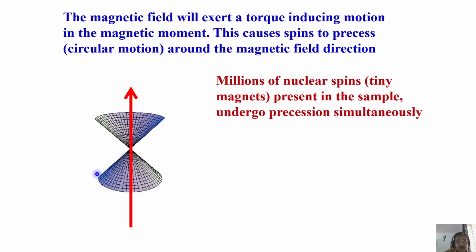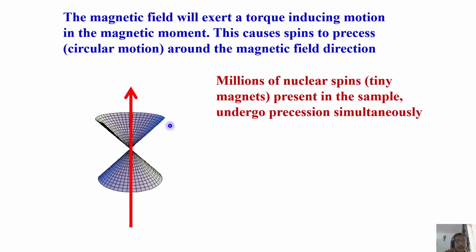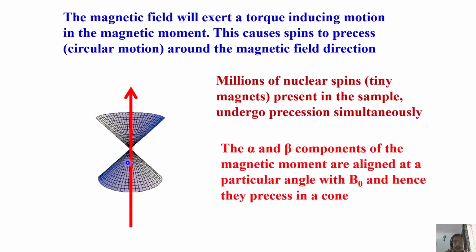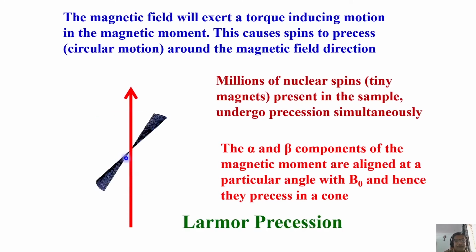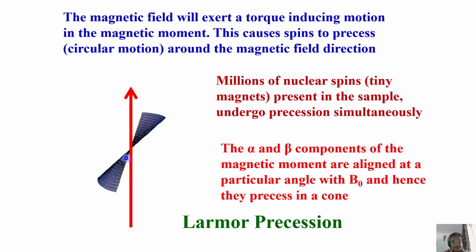The spins which are oriented in the direction of the field will start rotating like this, and those which are oriented opposite to the field all rotate like this in a cone. They make a cone around the magnetic field. Of course, this is for the alpha component and this for the beta component. And this precession, I said, is a Larmor precession.